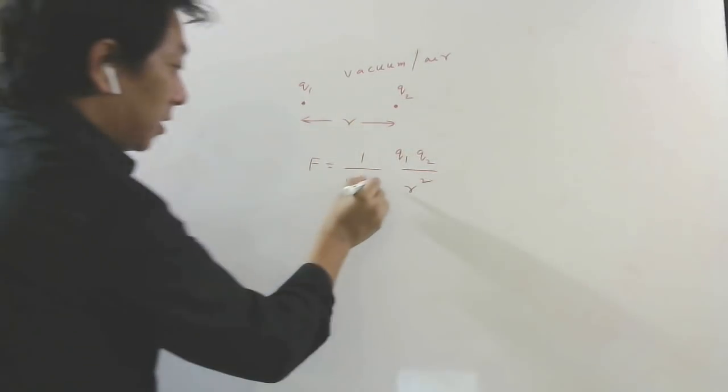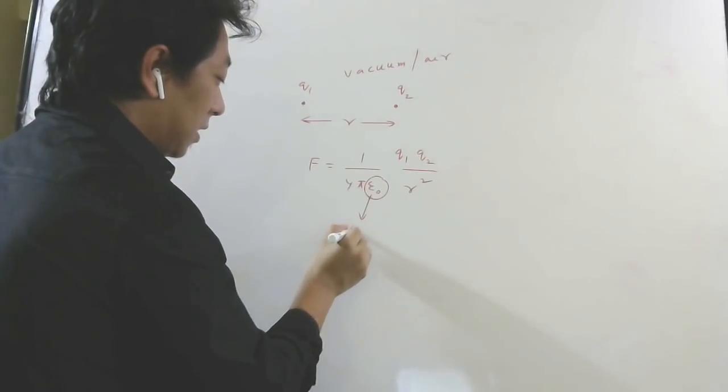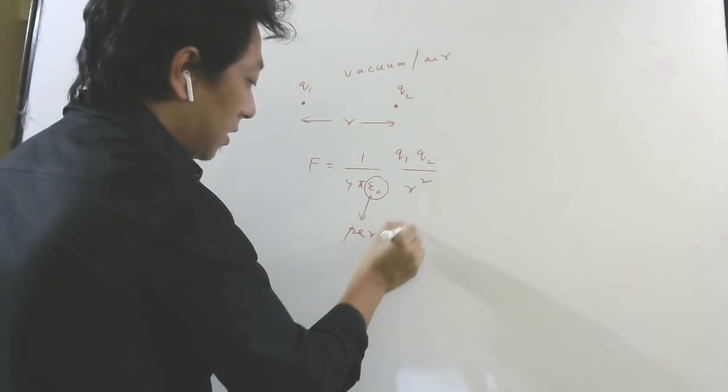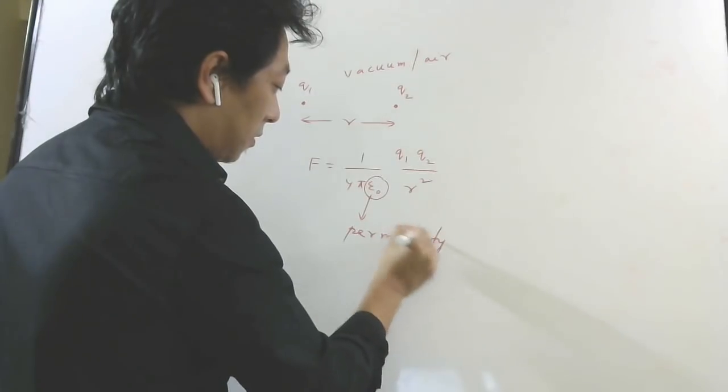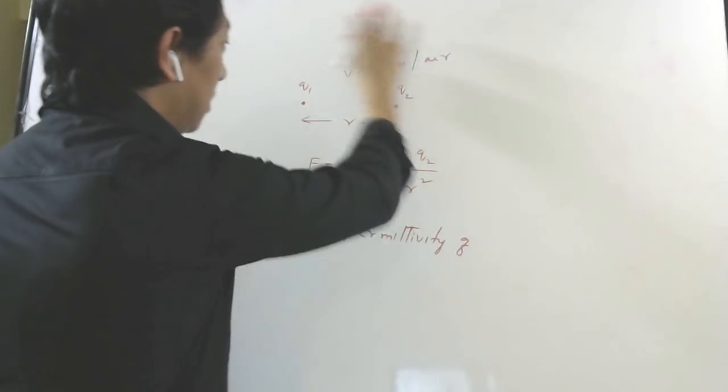This epsilon naught was called permittivity of vacuum.